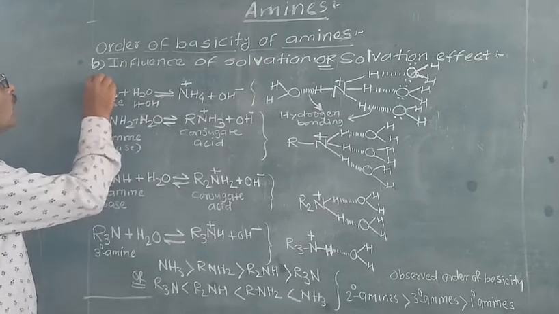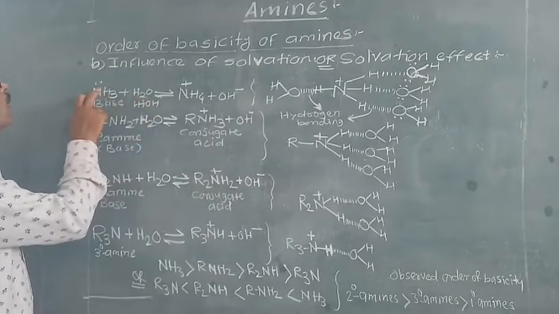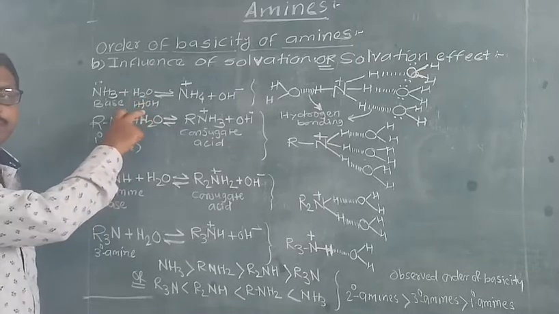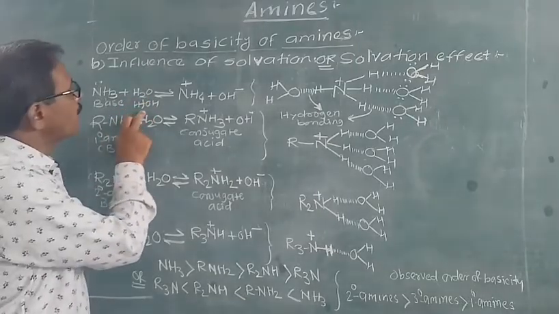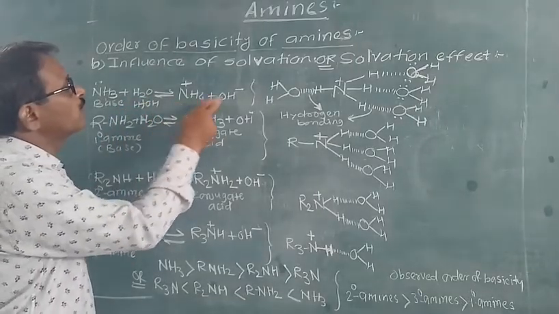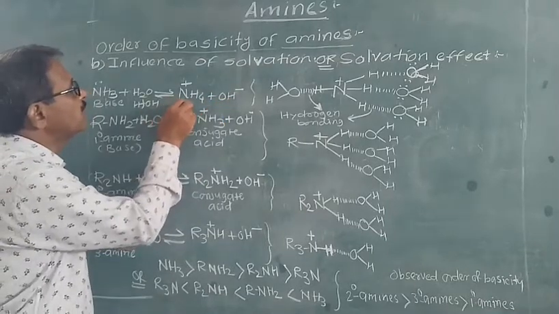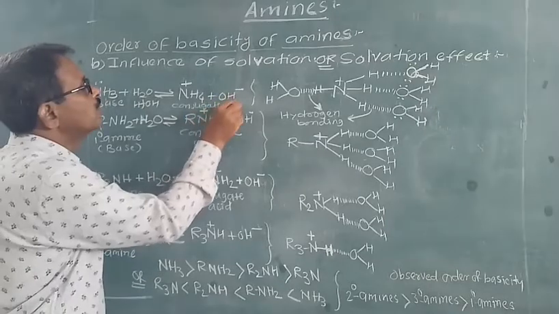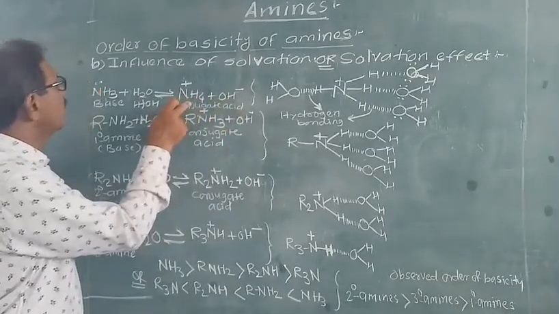This nitrogen atom donates its lone pair of electrons to this hydrogen atom. The bond between H and OH breaks, and formation of NH4 plus and OH minus takes place. NH4 plus is the conjugate acid. It is a base.